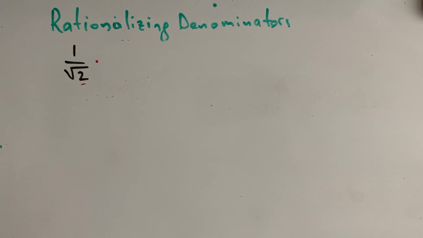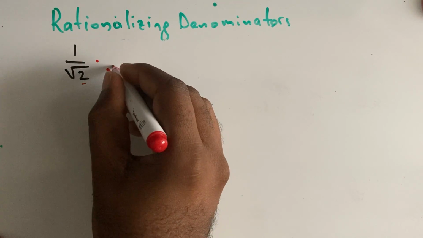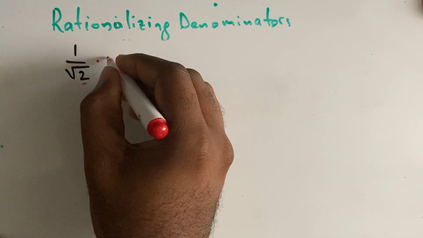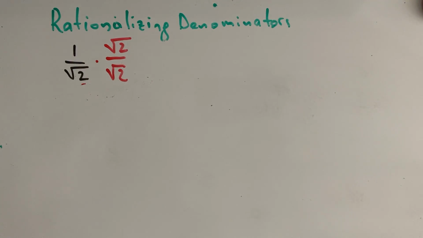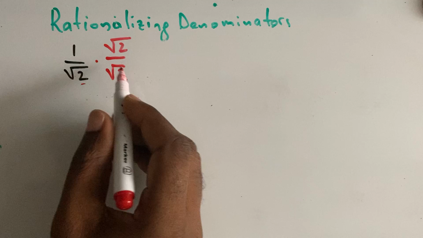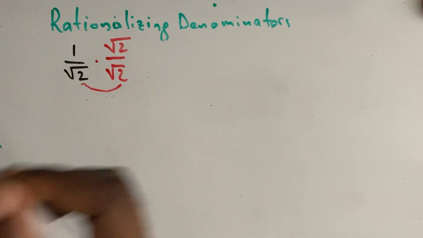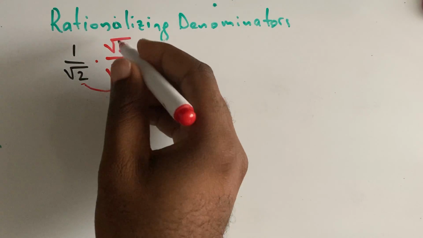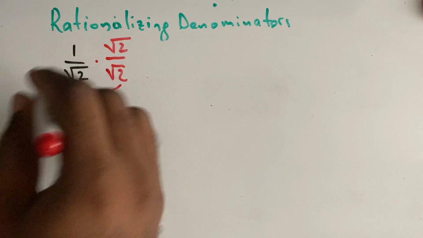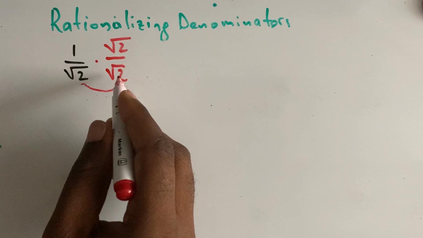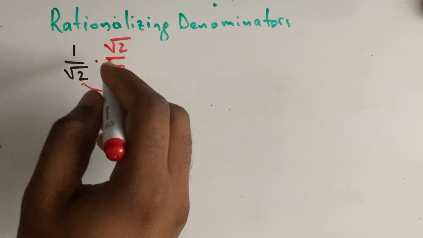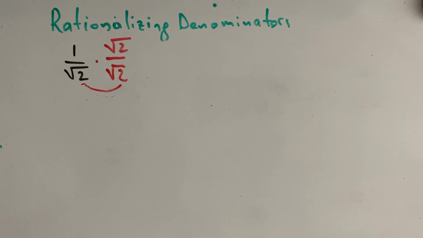What if I just multiply and divide by the square root of 2? This will help me. Now, it will not only make this a perfect square, but it will also keep the value of the entire expression, because I just multiplied and divided by the same number, the square root of 2, right? Which is 1. So it's as if I'm multiplying by 1, okay?